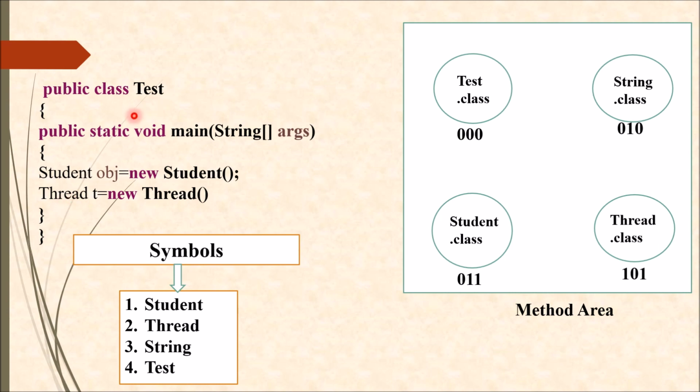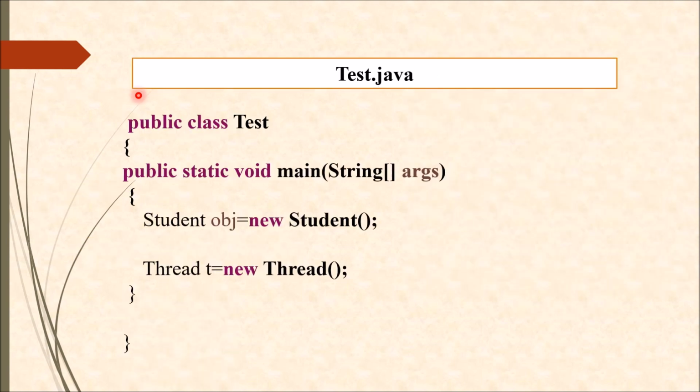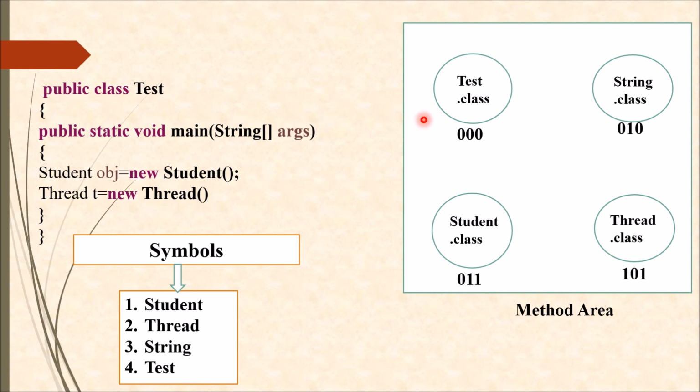Just by compiling this test.java file, four class files will be created inside the method area: test.class, string.class, student.class, and thread.class.